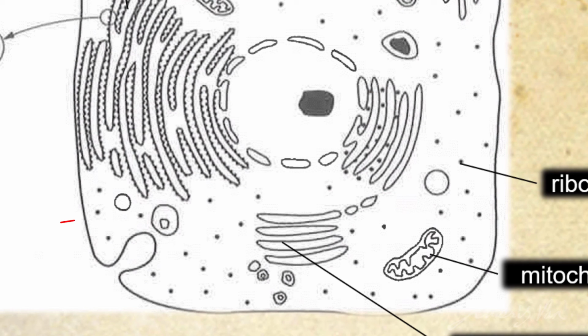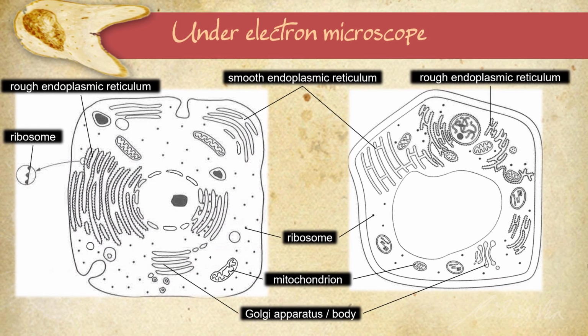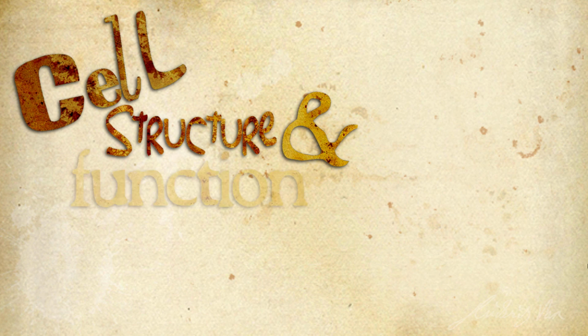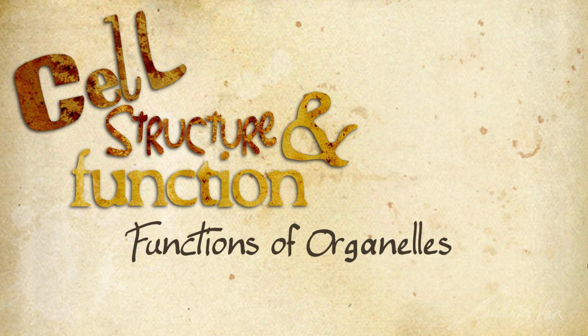So when you are labeling, please take note, you do not use an arrow. Just use a straight line and make sure your straight line touches what you are referring to instead of air molecules. So we have come to the end of this lesson, and in our next lesson, we'll learn about the function of organelles.